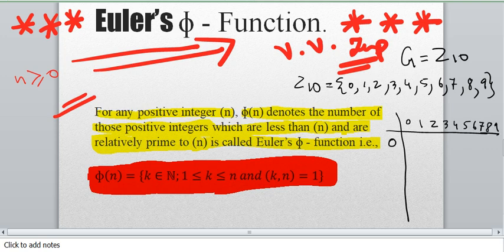If you take modulo 10, you get 0, 1, 2, 3, 4, 5, 6, 7, 8 and 9.